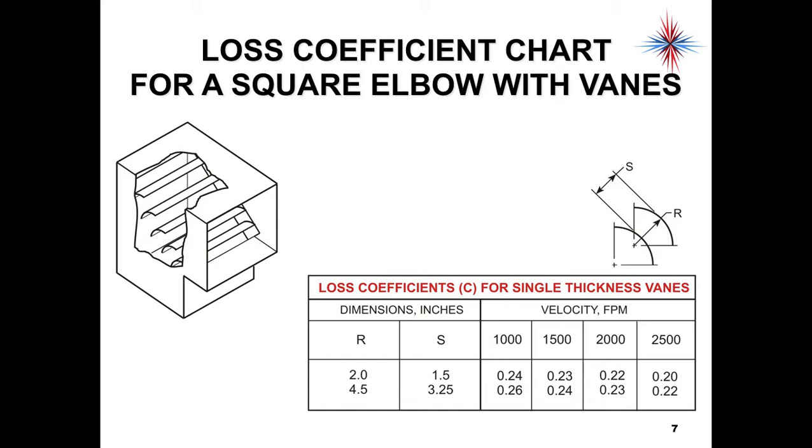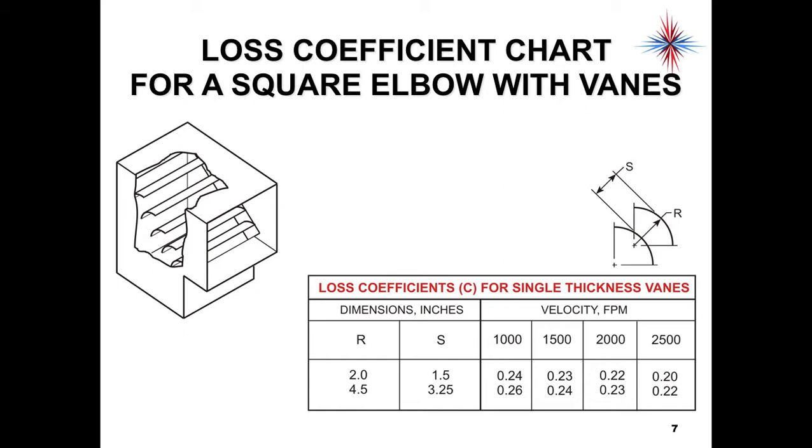Each number under the various velocities is a coefficient. The coefficient is used in the equation to find the dynamic loss pressure for the fitting. As an example, if the throat radius is 4.5, the spacing between the vanes is 3.25, and the velocity is 2,000, we want to find the row that has 4.5 and 3.25, which is going to be the bottom one.